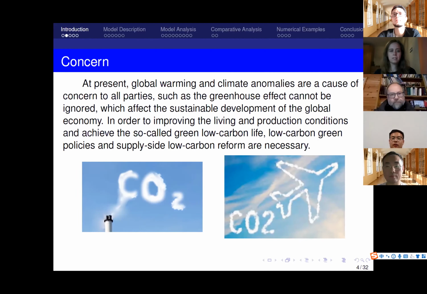In order to improve living and production conditions and achieve a green low carbon life, low carbon green policies and supply side low carbon reform are necessary. These two pictures show a manufacturing factory and an airplane. It's common in our life.